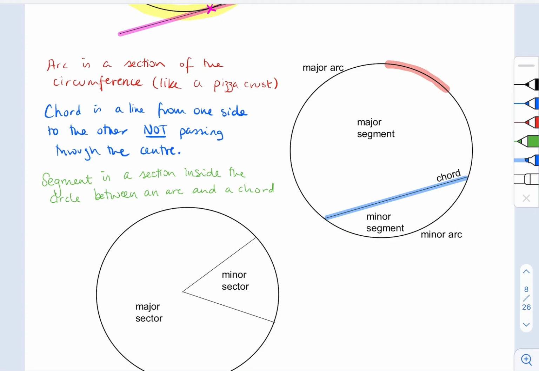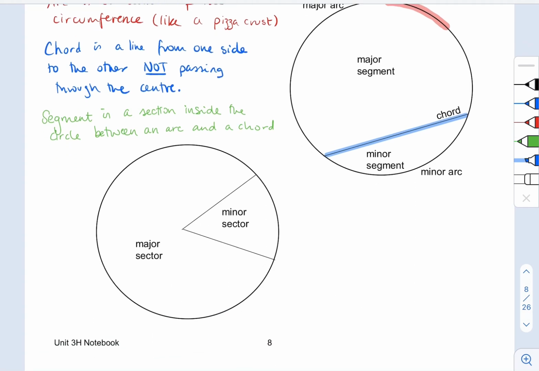If we look at the bottom part, the last definition here is a sector. So there's two words which are similar, segment and sector. A sector is a section inside the circle between an arc and the radius.